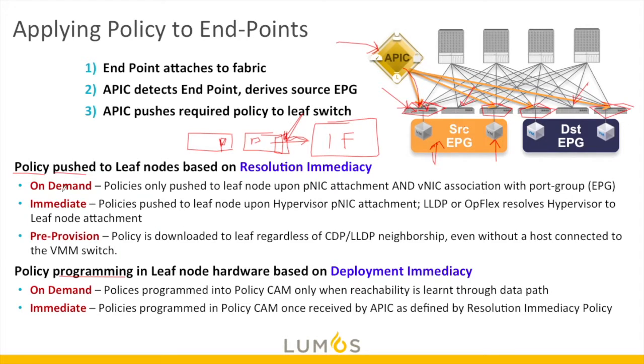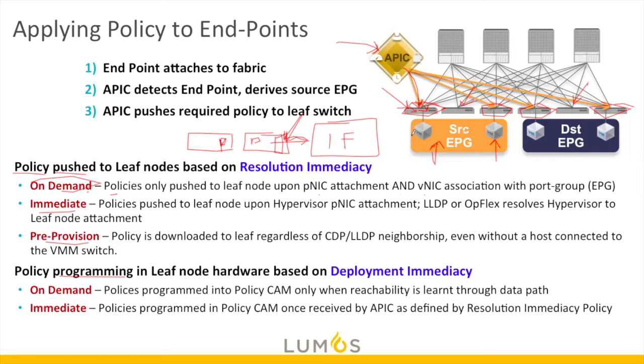And we can do on demand, we can do immediate, and we can do pre-provisioning for pushing our policy. If we do on demand, policies are only pushed to a leaf node upon the physical NIC attachment and VNIC association with the port group.